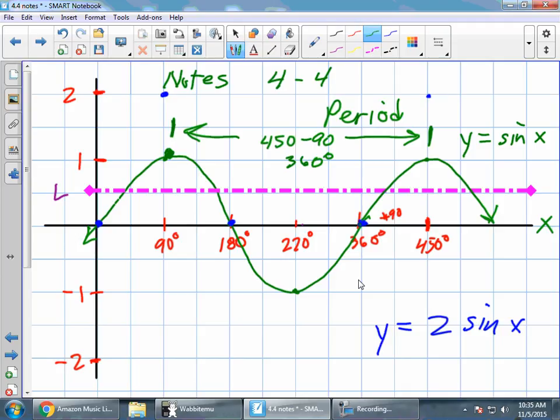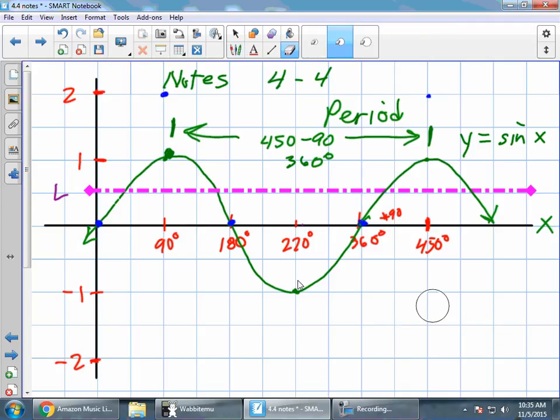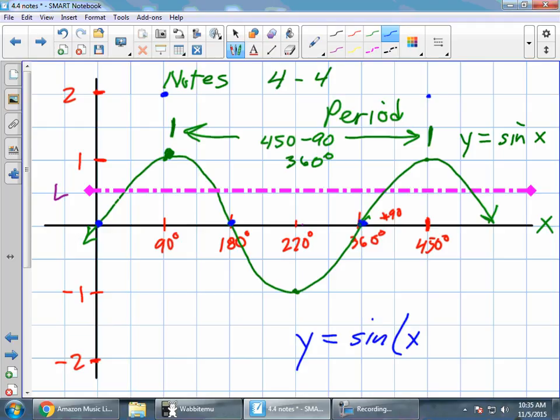The last one, well, there's 2 more, I guess. We had one that was y equals sine of x plus 90 degrees. And this is just like we did with parabolas. If you put a plus, what does it do to the parabola? No, inside the parentheses.